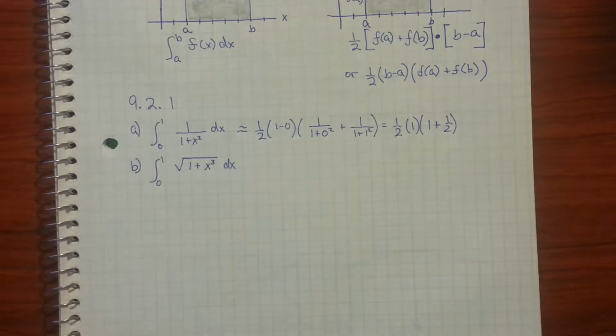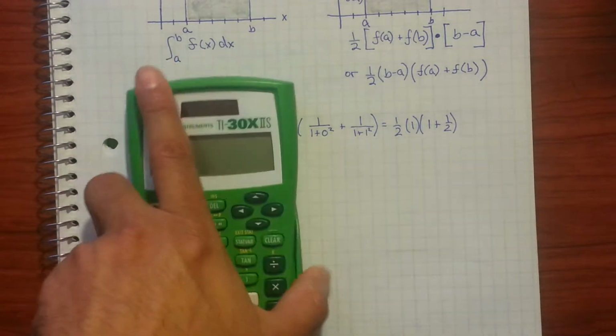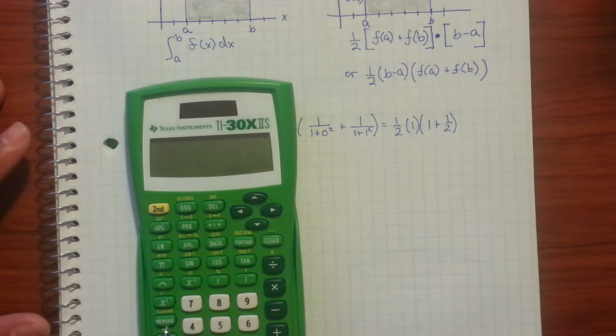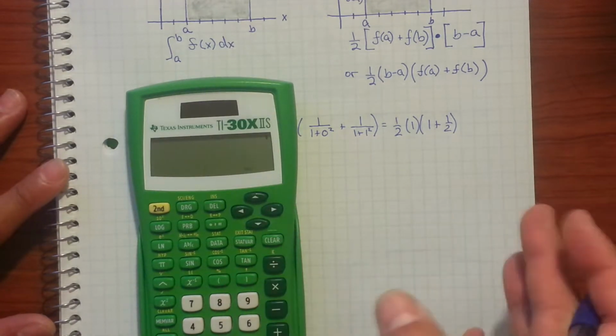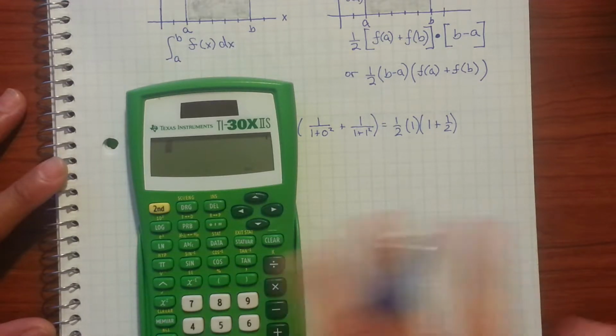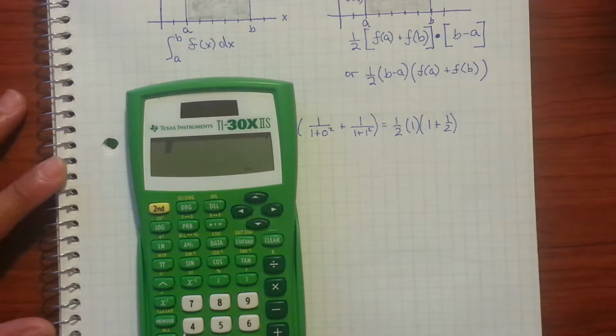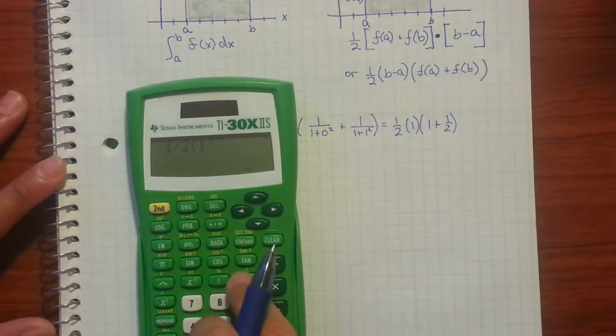I can go ahead and just throw it in my handy dandy calculator, because most of these I'm going to end up having to do in the calculator, because I'm going to come up with some weird funky answers, some long weird decimals. So the easiest thing is to make sure you're able to put it in the calculator. So 1 divided by 2, parentheses, 1, close, open.